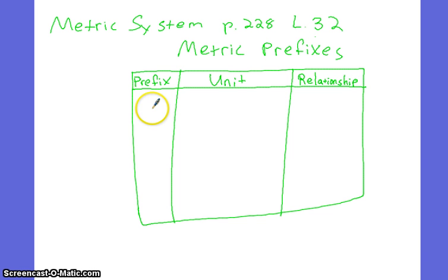So let's start with the first prefix, kilo. An example unit, we're talking about length, would be a kilometer, or km. The relationship to that is 1,000 meters. So we are still somewhat doing length, but I want to just start with these terms.